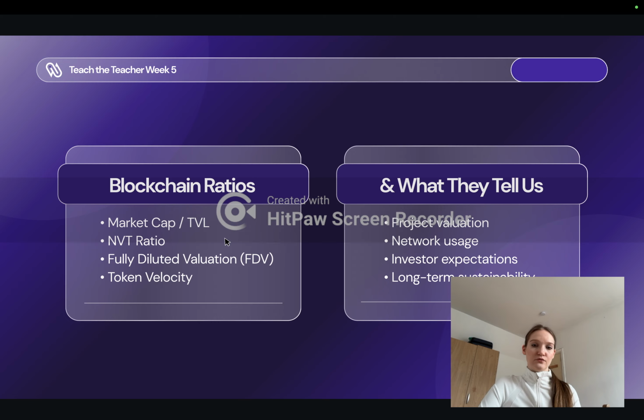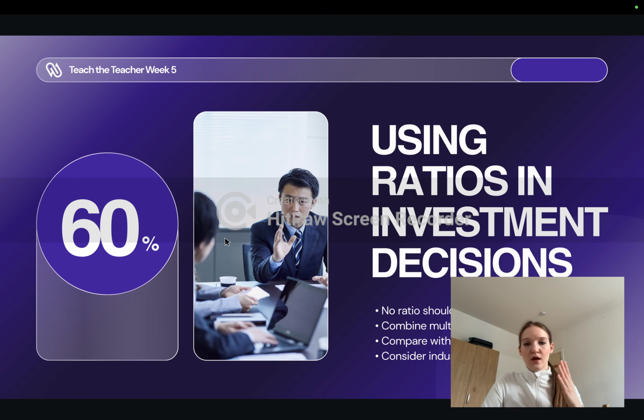The NVT ratio is showing the network usage. Fully diluted valuation, FDV, and token velocity are a couple more ratios. And generally, ratios may also represent investor expectations and long-term sustainability of the project.